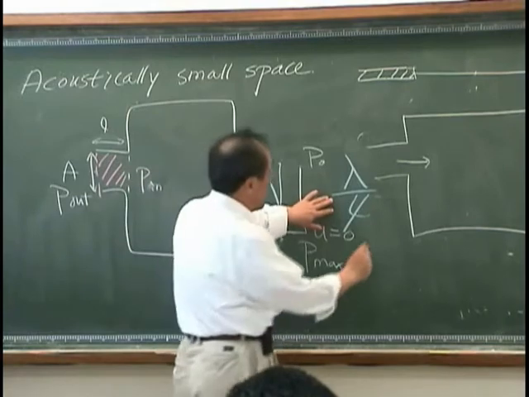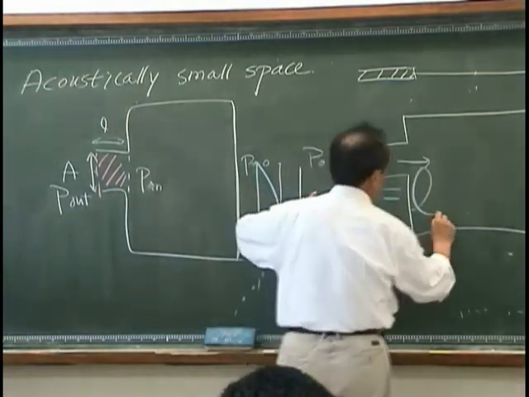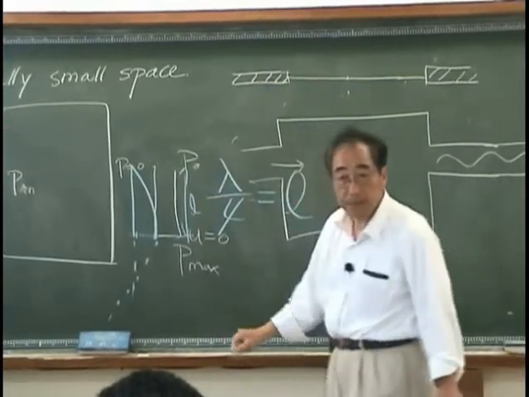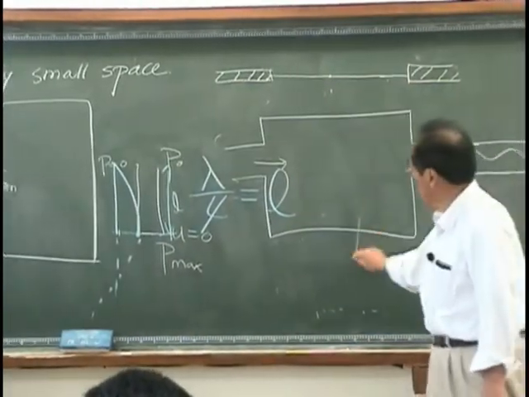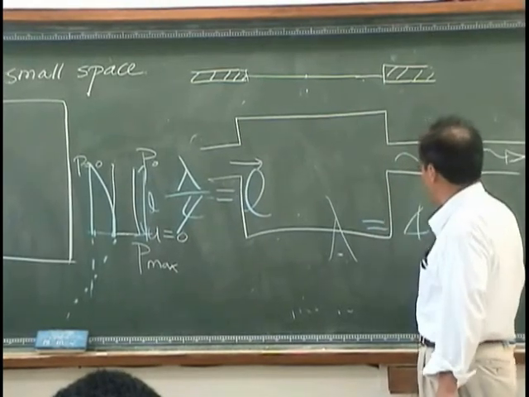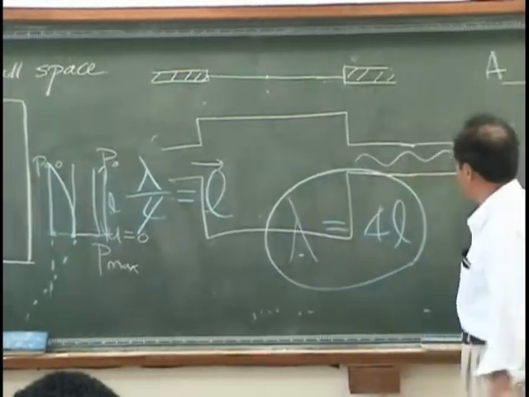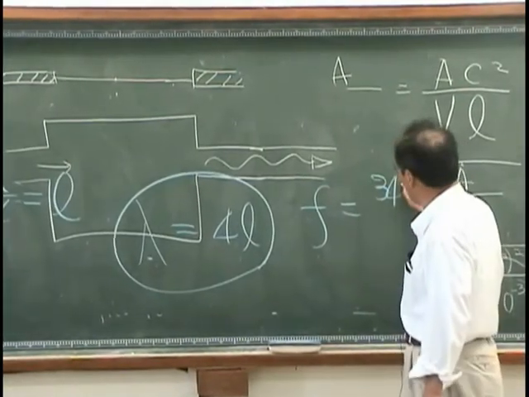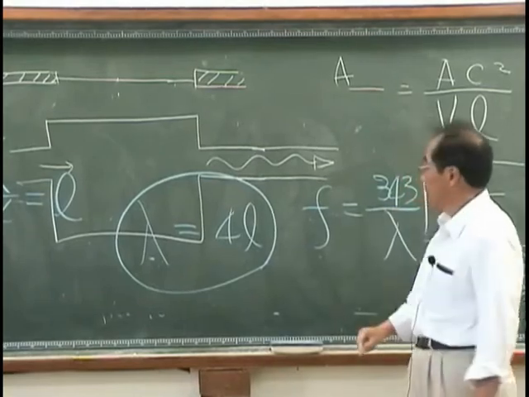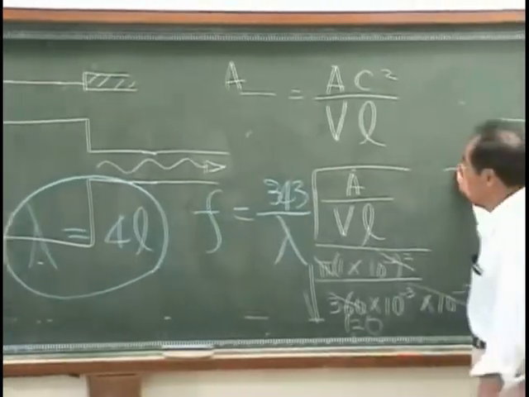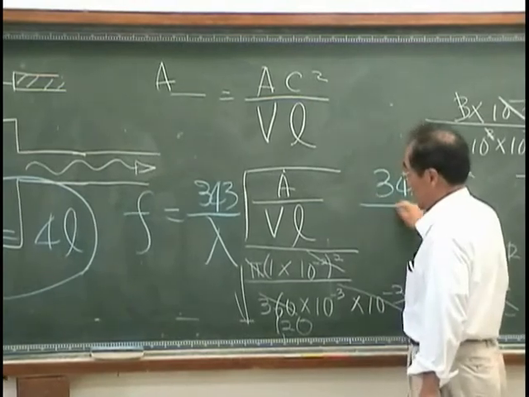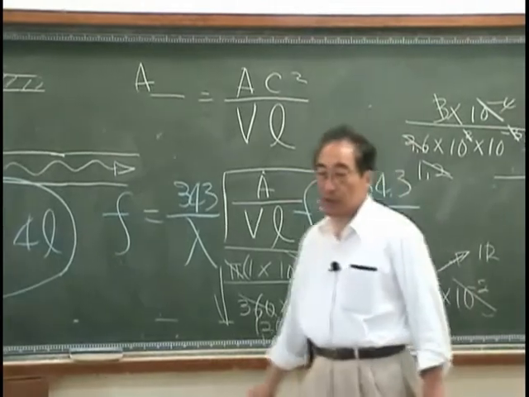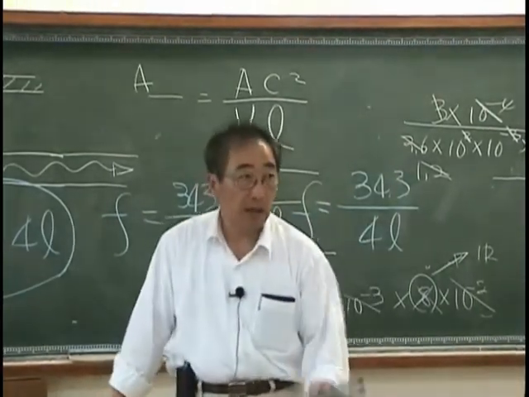So quarter wavelength is the same as L. L is the length of the pipe. Therefore, lambda is 4L. And the corresponding frequency is equal to, so that is the frequency that we can hear from this pipe.